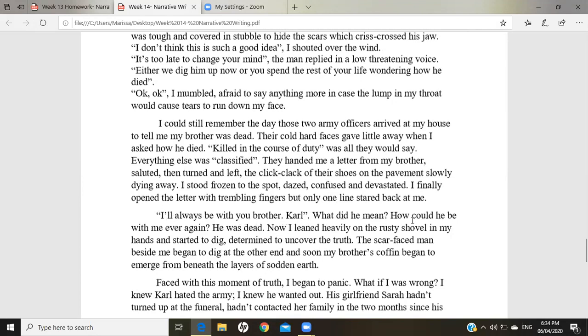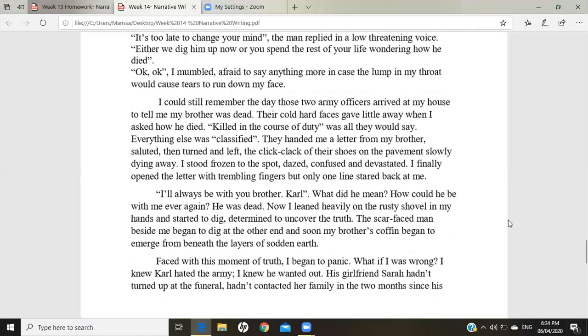What did he mean? How could he be with me ever again? He was dead. Now I leaned heavily on the rusty shovel in my hands and started to dig, determined to uncover the truth. The scar-faced man beside me began to dig at the other end, and soon my brother's coffin began to emerge from beneath the layers of sodden earth.